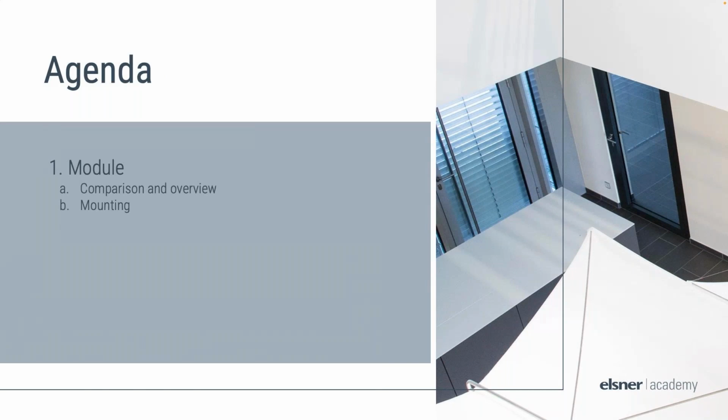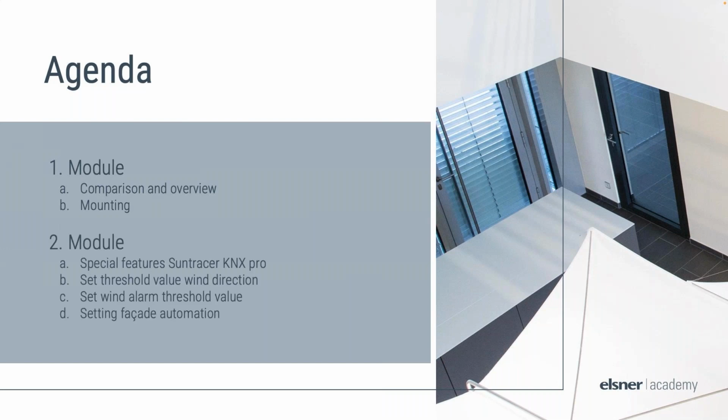We have separated today's webinar into different modules. In the first module, we will start with a general comparison and the correct installation of a weather station. Next up, we'll discuss the comparison and the overview, plus the mounting. In the second module, we will focus on the SunTracer KNX Pro. Since this is our biggest weather station with the most product capabilities, it is best to discuss with this one.